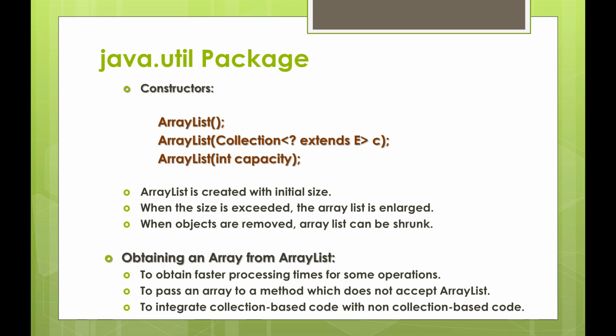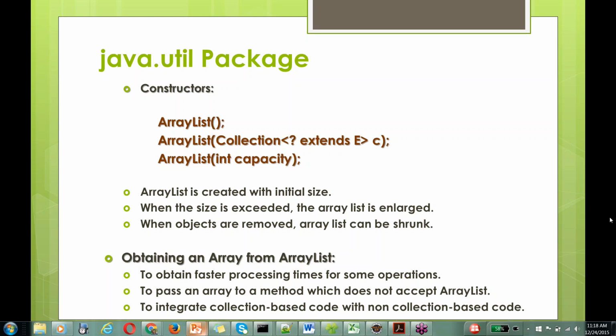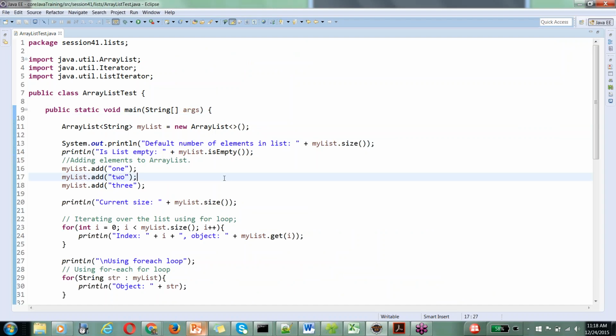Say for example, you specify 10 and you have 11 objects to be stored in the ArrayList. So after storing 10, will that grow? That is his question. So obviously it will grow because ArrayLists are dynamic arrays. They can grow and they can shrink as and when required. Yes. Kavita says yes, correct. Yeah. So let us see an example.